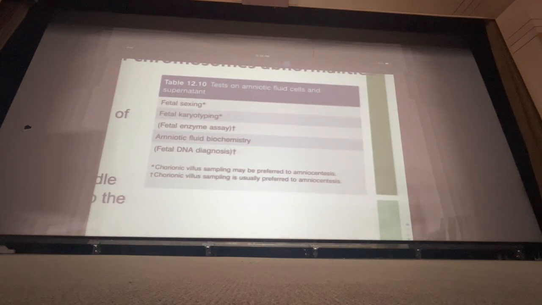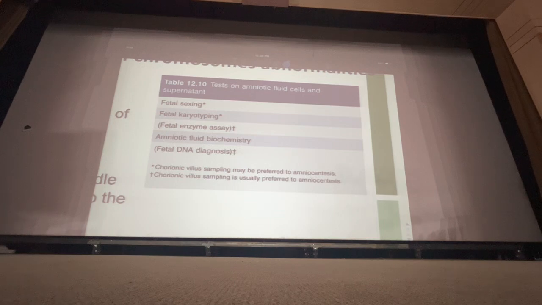So these are the tests for amniotic fluid. First, to know the sex of the fetus, male or female. Fetal karyotyping: you can take cells, grow them and make a karyotype. Also, fetal enzyme assay.